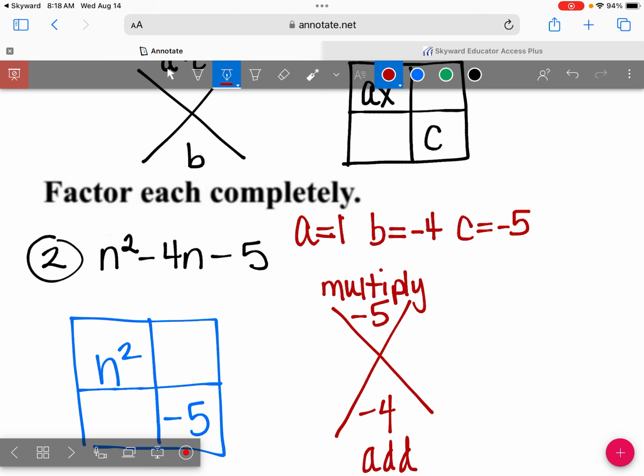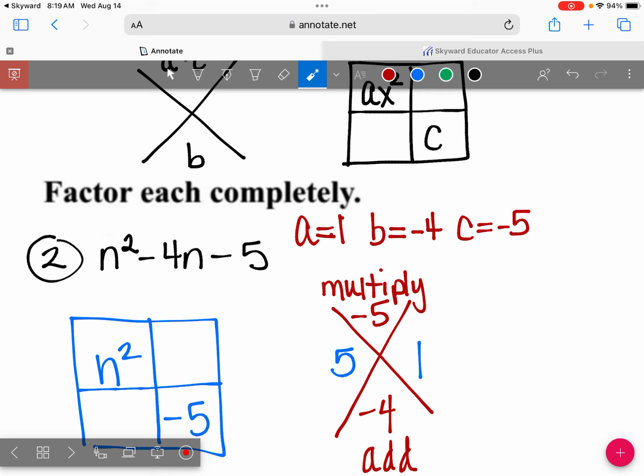If you look at your multiplication chart, you will notice that 5 only shows up in one spot. The only thing that multiplies to give you 5 is 1 times 5. But in order for us to get a -5, one of these has to be negative.